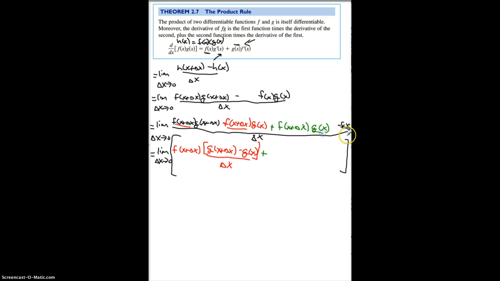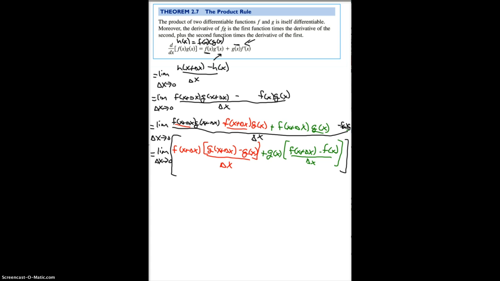The g of x's are common, so I'm going to factor out g of x, and I'll multiply that by f of x plus delta x minus f of x divided by delta x. All I've done is distribute. I've just broken it up into two fractions. Now, do you see by writing it this way what I've done?